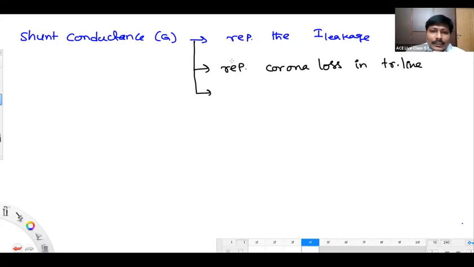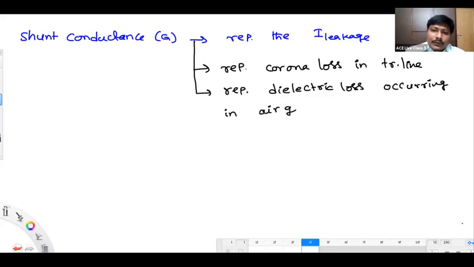So shunt conductance G also represents the dielectric loss occurring in the air gap between the conductors.